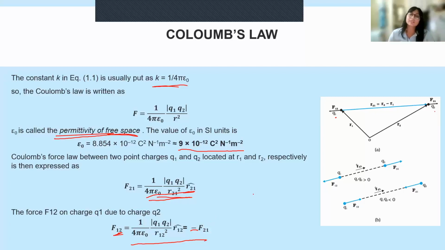So this is how Coulomb introduced the phenomenon that there is a force of attraction or repulsion between two charges, and how we can quantify it. Now you can see that the force is inversely proportional to the square of the distance.